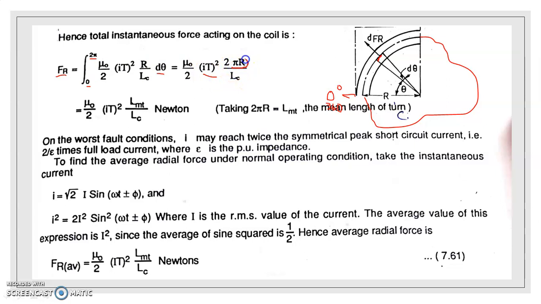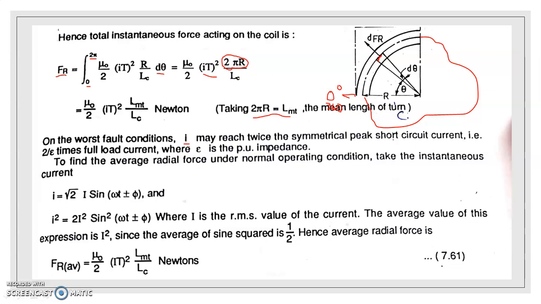This 2 pi r is nothing but the circumference of the circle simply. So it is termed as LMT, the mean length of the turn. Here you can see 2 pi r is equal to LMT, that is the mean length of the turn. I is the instantaneous current with the symmetrical peak short circuit current.